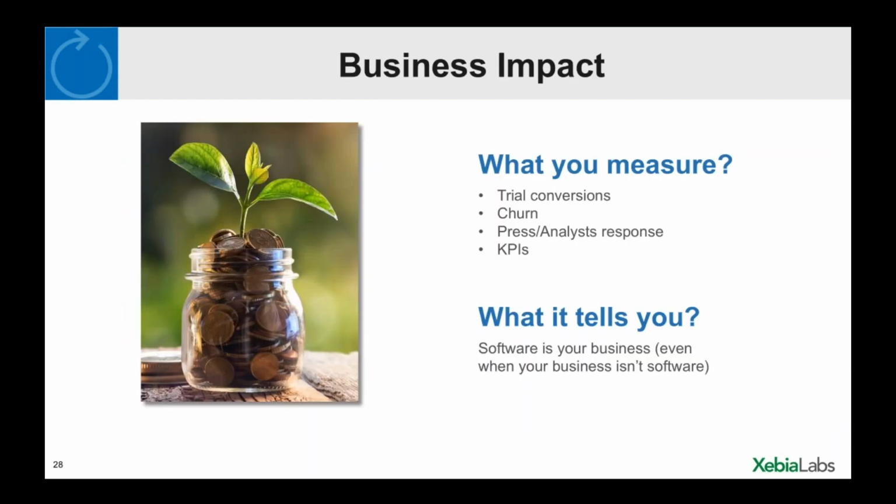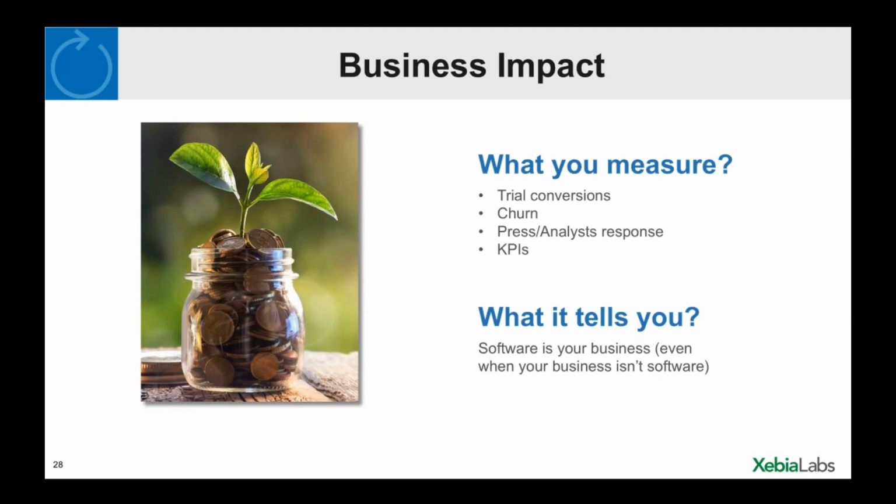Right? Business impact, again, totally depends on your business, but there are metrics out there. So if somebody comes to you and says, we want to invest in DevOps, but we don't know if it's going to actually impact things, sure, you can absolutely tie that to the things that you're likely already measuring. So it could be conversions, it could be churn, it could be what the market is saying about you, or other key performance indicators.